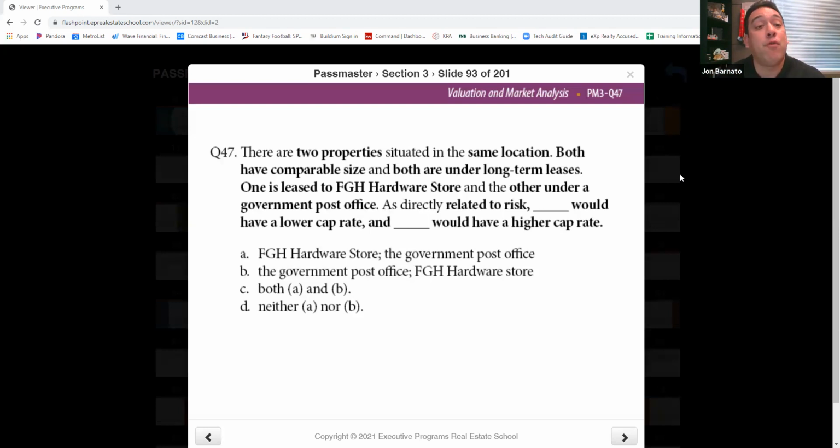You could probably sell that at a 4% cap rate right now. That means the buyer is going to spend millions of dollars buying that and is only going to get a 4% return. Why? Because it's Sac State. You're going to have students there all the time, super safe. You're going to have no vacancy. Your vacancy rate is going to be super little. You're always going to have demand, right?